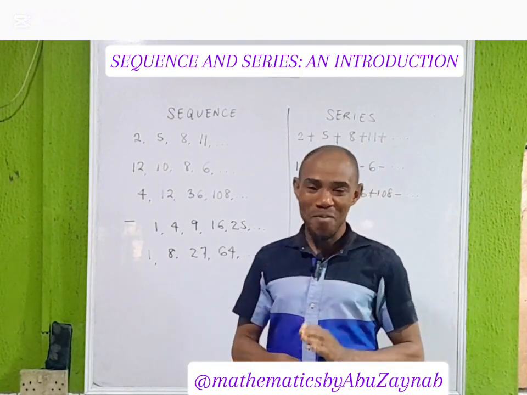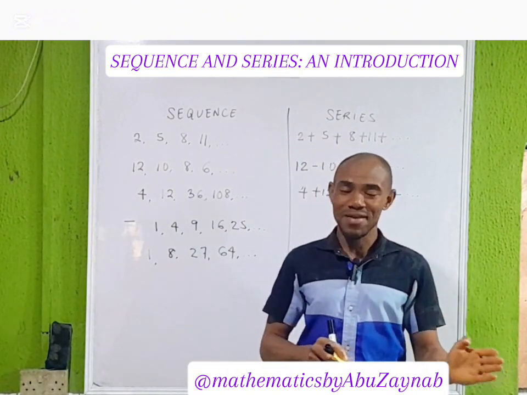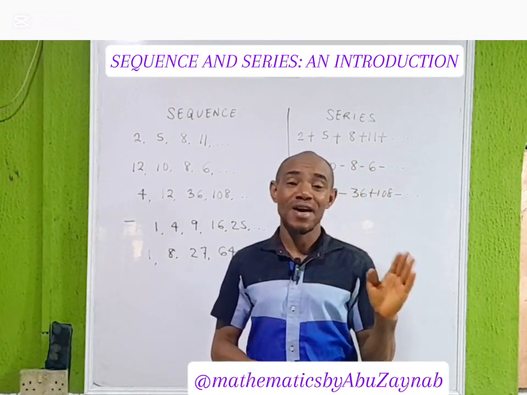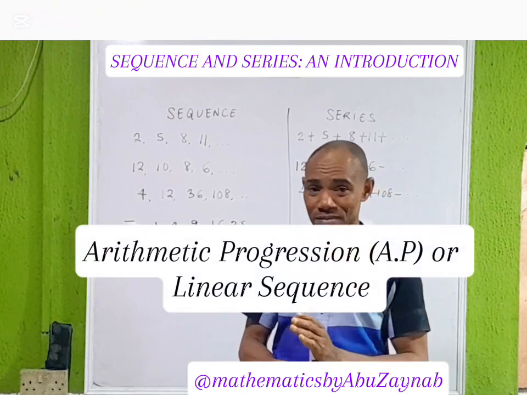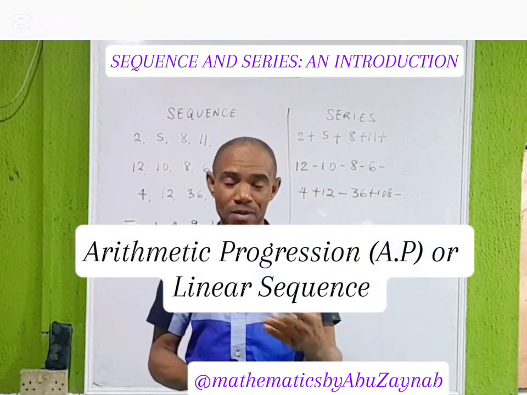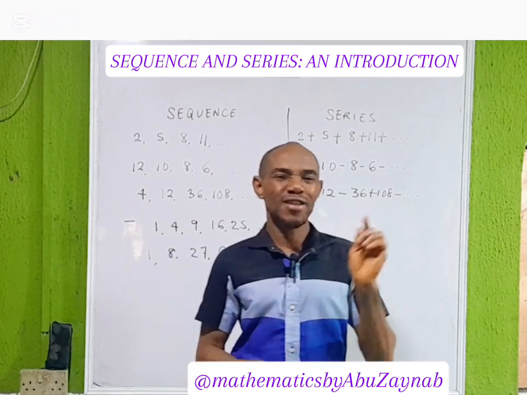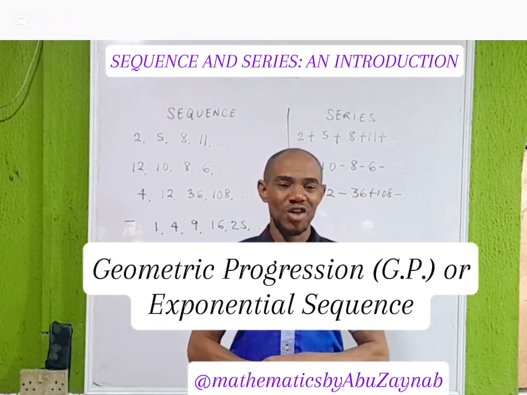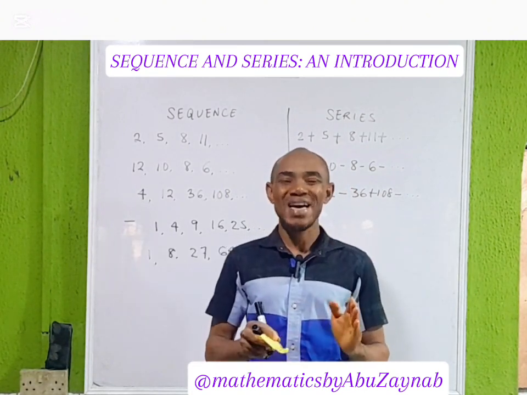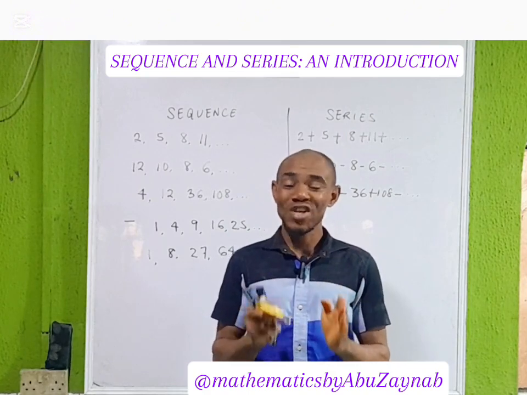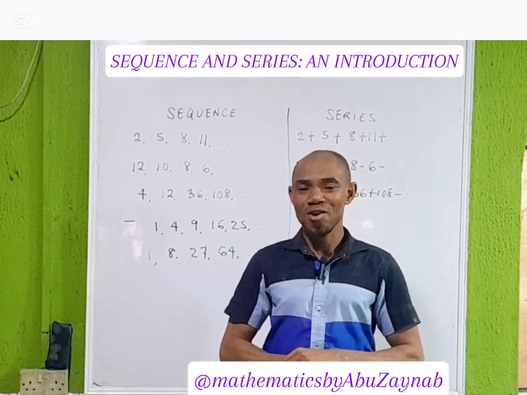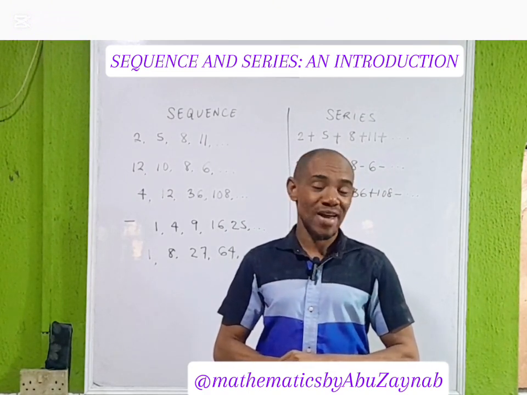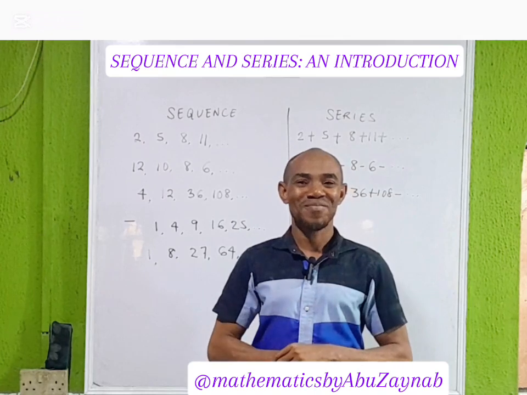However, for the purpose of ordinary level general mathematics or further mathematics, we shall be restricting ourselves to just two: the arithmetic progression, popularly called AP, or also linear sequence, and the geometric progression, popularly called GP, or exponential sequence. These are the types of sequence and series we shall be restricting our classes to in the coming videos for the O level. The other ones I mentioned earlier are for advanced level mathematics.